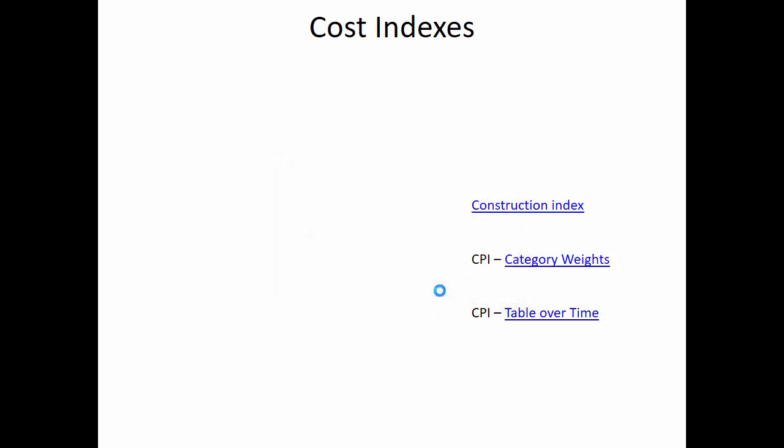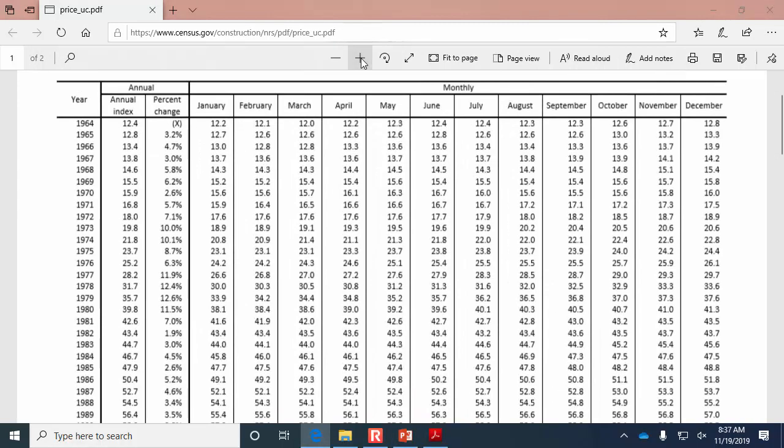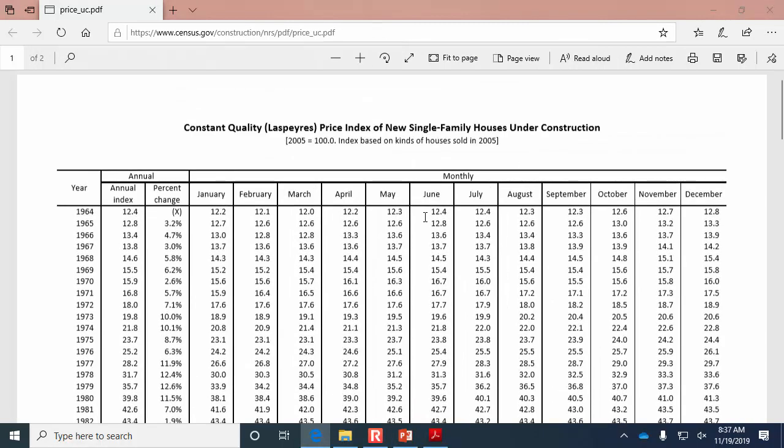It's a table of data that's been collected over the years, and what it shows is, according to one reference year, how the prices have changed over time. Here in this cost estimate, it says that year 2005 is when they set the index to 100.